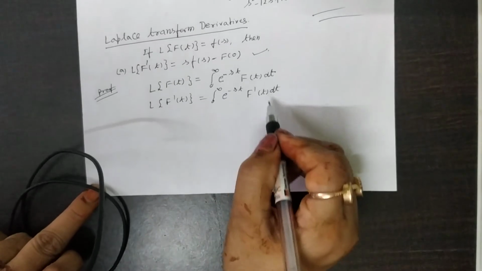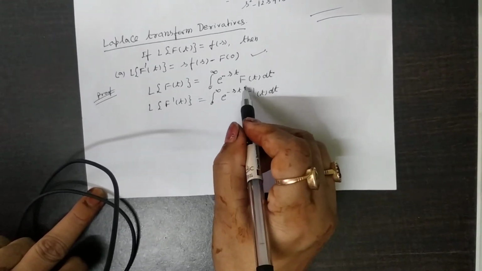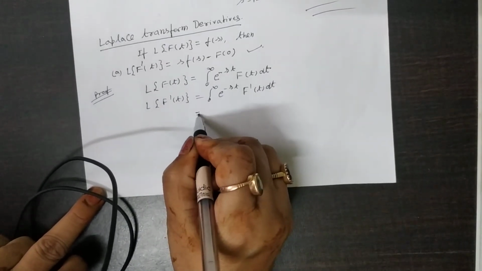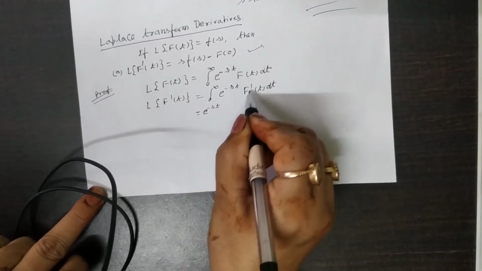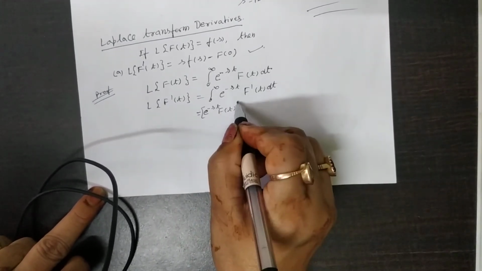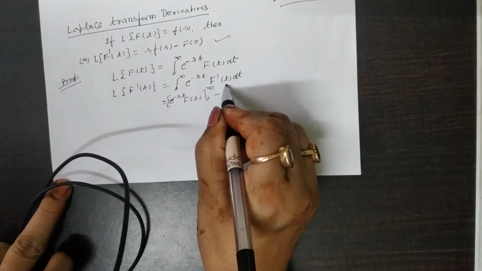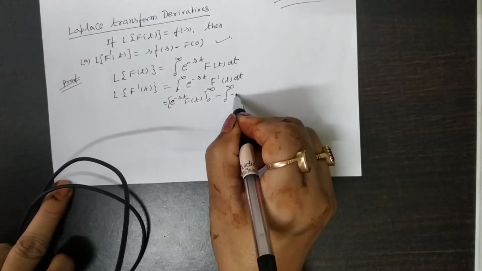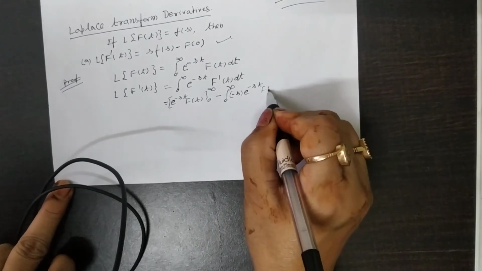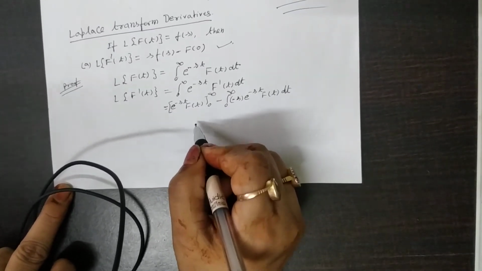Clear? Now you apply integration by parts. The first term is e to the power minus st, and the integration of f dash t is f(t), with limit from 0 to infinity, minus the integral from 0 to infinity of the differentiation of the first term, which is minus s e to the power minus st, and the integration of the second term f(t), dt.